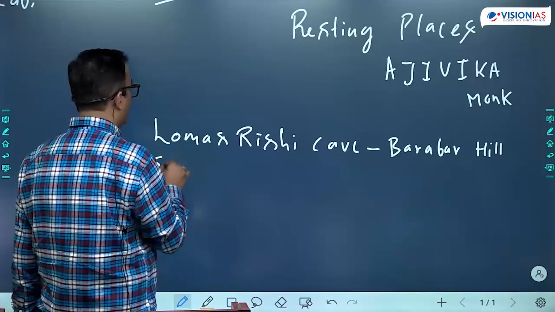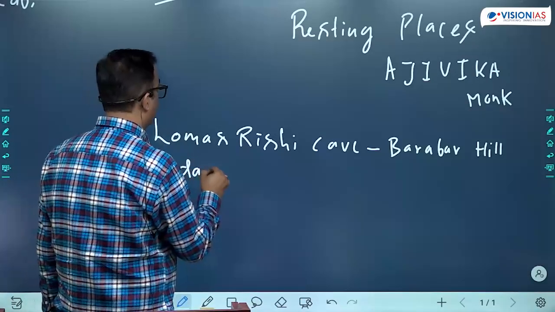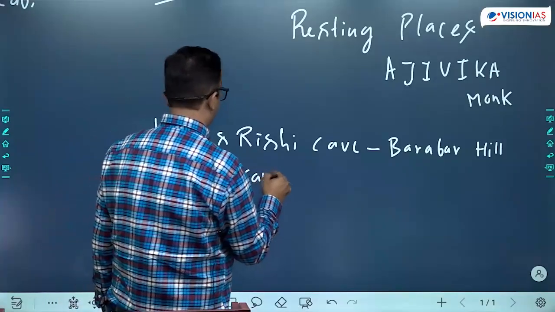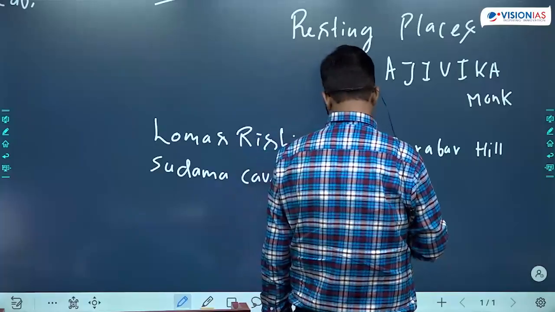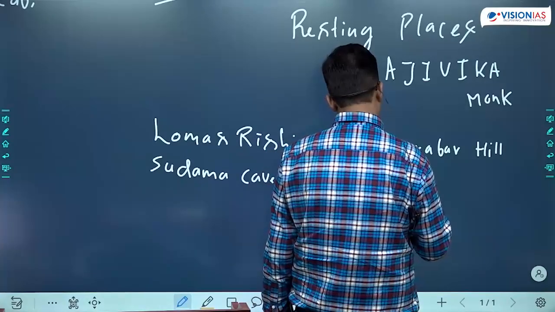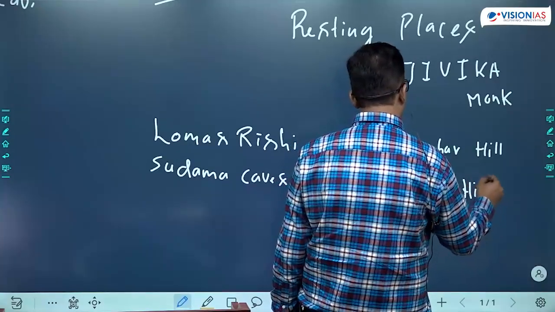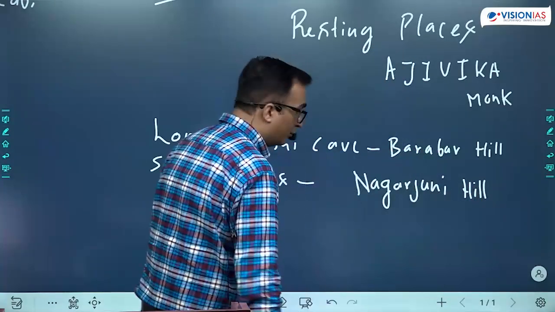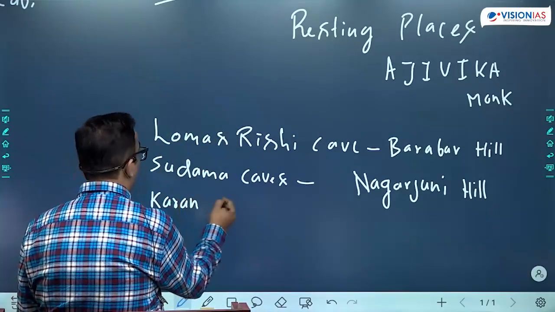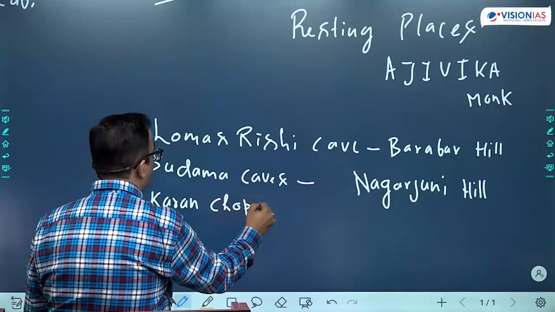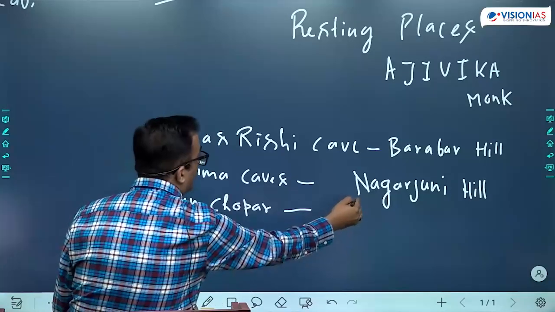And second, you write Sudama caves, Nagarjuni hill, the same area. So Jahanabad, Nagarjuni hill, and in Nagarjuni there is one more cave which is called Karan Chopar. Okay, so Karan Chopar cave, it's also in Nagarjuni.